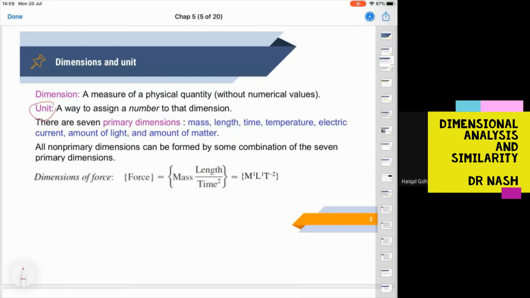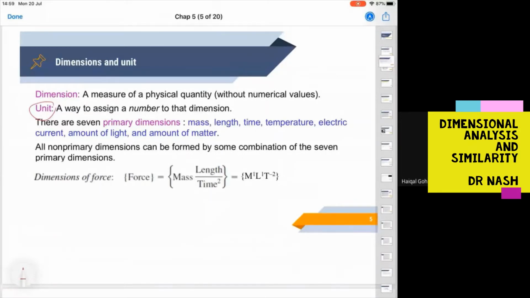So bila dia ambil temperature, dia akan keluar dalam bentuk numbers and then dia ada unit dia Celsius. So Celsius itu adalah unitnya, and then numbers yang keluar sebelum unit akan refer ataupun akan letakkan kita ni dalam kategori mana kan. So that's unit. Very straightforward definition. I don't want to elaborate more.